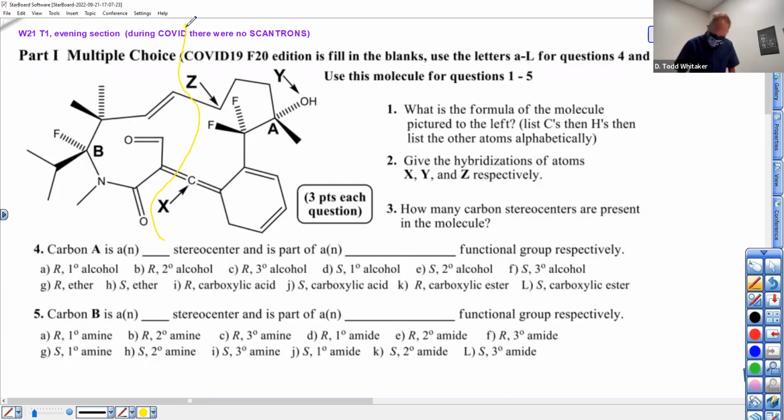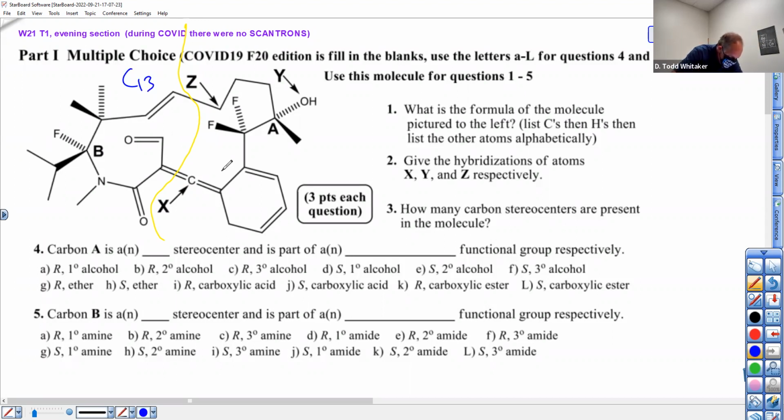Carbons on the left side, I will start up here and go all the way up to my yellow. 1, 2, 3, 4, 5, 6, 7, 8, 9, 10, 11, 12, 13. C13.